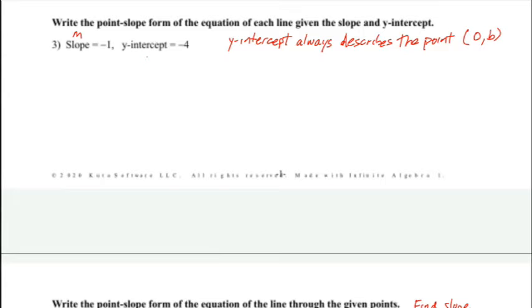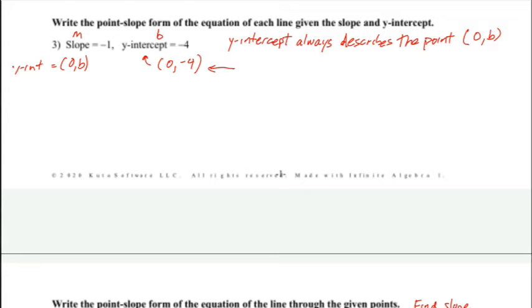What we need to interpret about the y-intercept is that we know that it occurs at x equals 0, and the y coordinate is the actual b value that's given. The y-intercept is always 0, b. So this is a point.